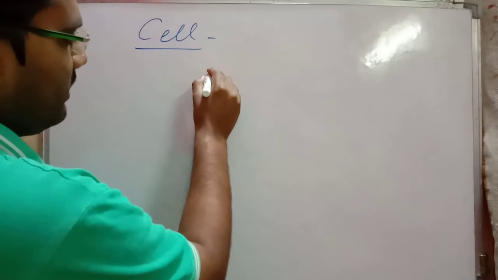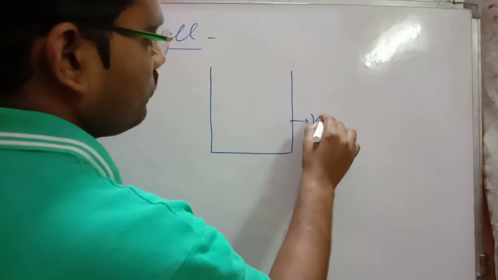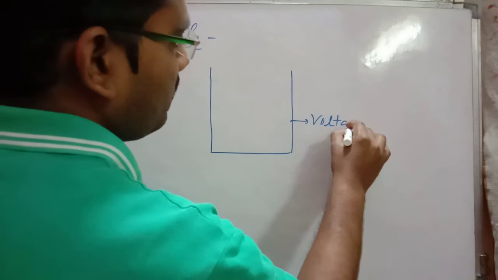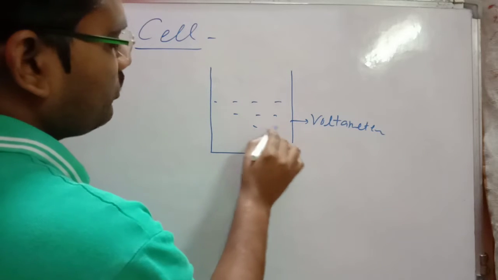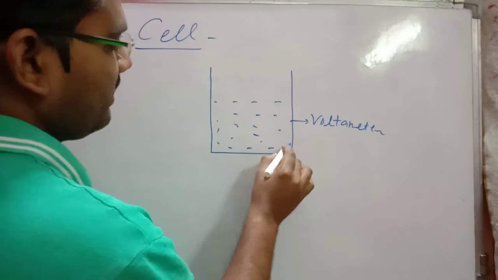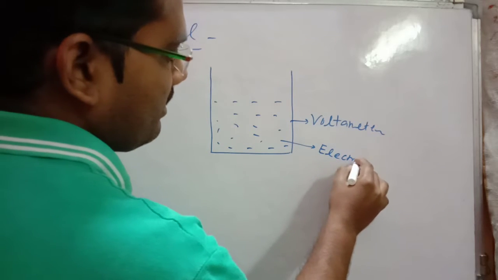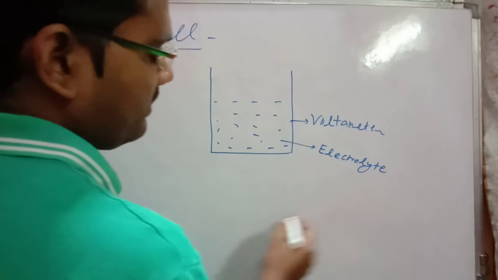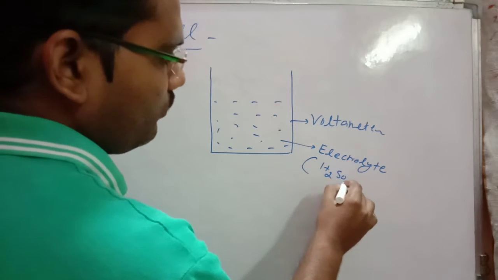In a cell, there is a voltmeter, and there is an electrolyte inside the cell. Electrolyte like H2SO4.